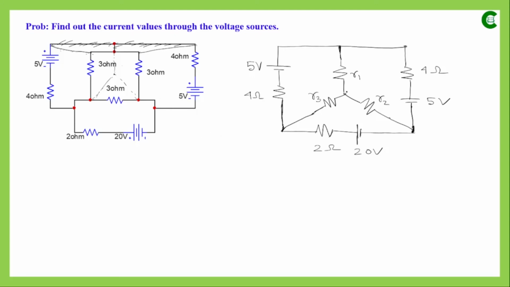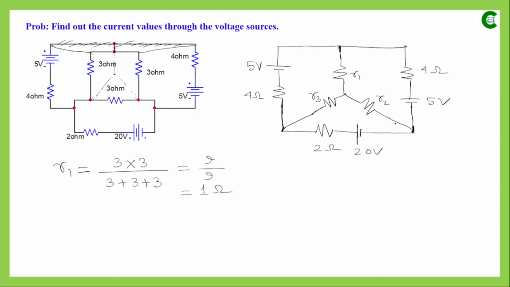R1 can be found out, R1 is this resistance. All these resistances have the same value, so it will be 3 into 3 as per the formula, divided by the summation of all the resistance values, 3 plus 3 plus 3, which is 9. So 9 divided by 9, it will be 1 ohm.